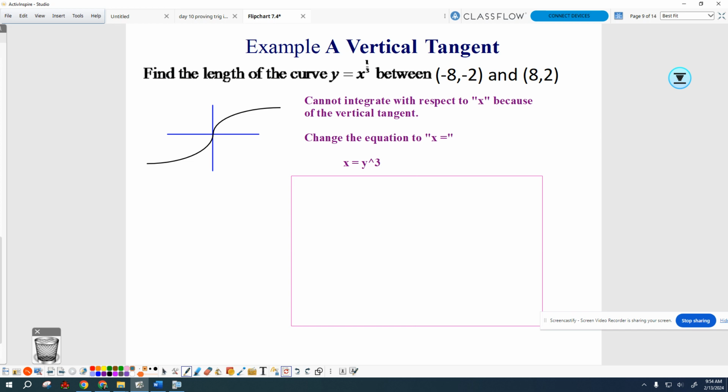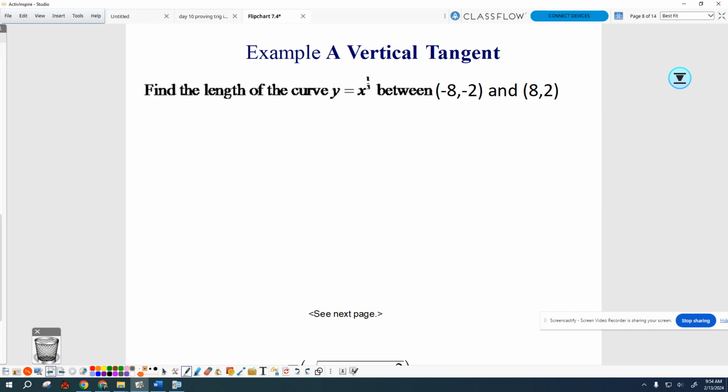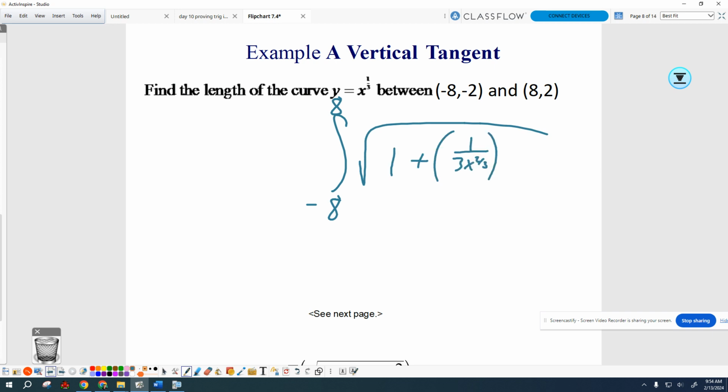How do you know to do it in terms of x and y? Well, yesterday we tried it. The length of the curve is the integral from the lower x value to the upper x value of the square root of 1 plus (1/3 x to the -2/3) squared dx, and the calculator said error.